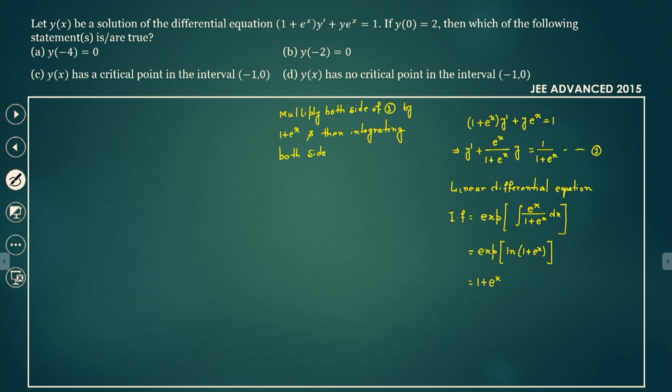What will happen? You'll get d of (y times (1 plus e to the power x)) on the left hand side, equal to the integration of dx. If I integrate now, at the end we'll get y times (1 plus e to the power x) is equal to x plus arbitrary constant c. That's it. My solution is done.